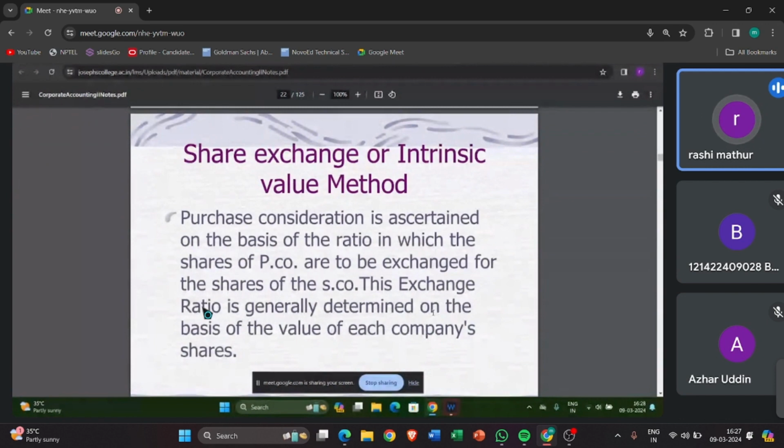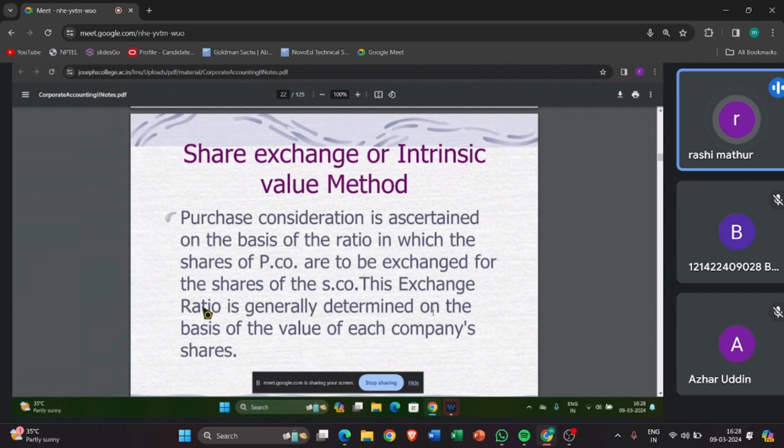And the last method is usually in case of a merger itself, wherein we have exchanged our shares. Whatever were the shares of the old transferor company, they have been taken over, and in return I have given you new shares in the new company on some basis, on some ratio basis.